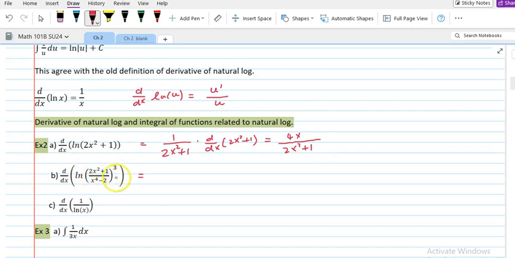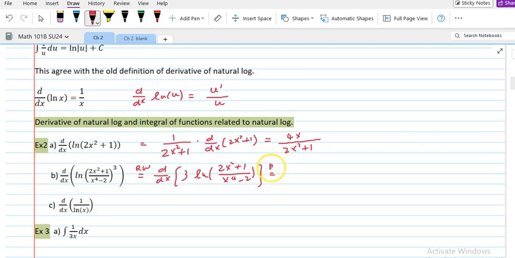So we would use log properties. We don't want to deal with these. I have an exponent inside a log, so I will rewrite first. This is not a derivative yet. I'll rewrite it as d dx of 3 ln of 2x squared plus 1 over x to the 4th minus 2, but this is still too complex.